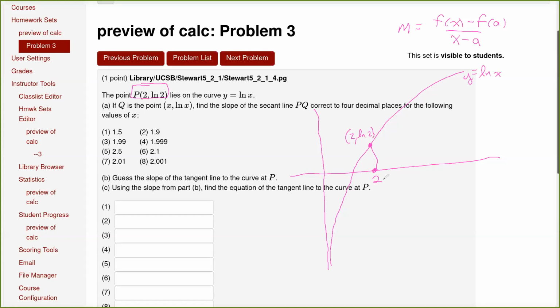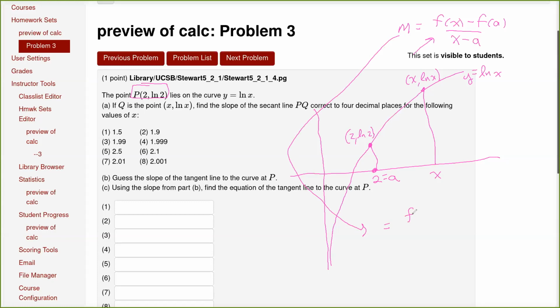So this is going to be a in this formula. And then we're going to go over to some x. Here's x, and here you get this abstract point, x comma ln of x. And so you can make this formula apply to this particular situation.